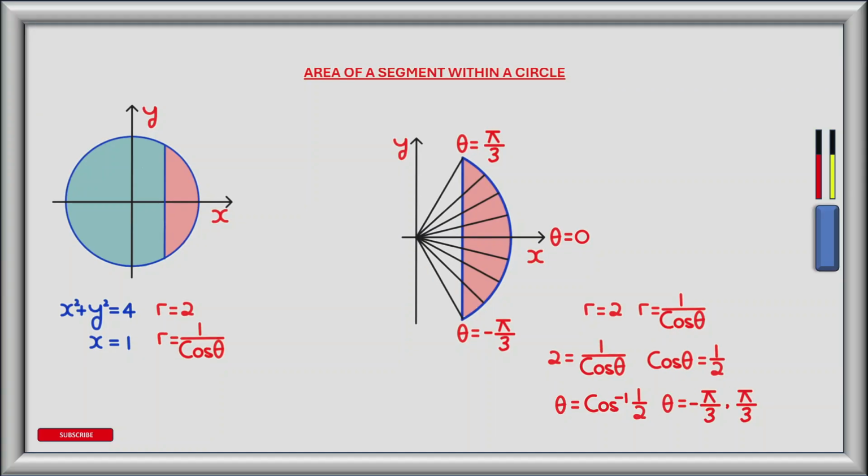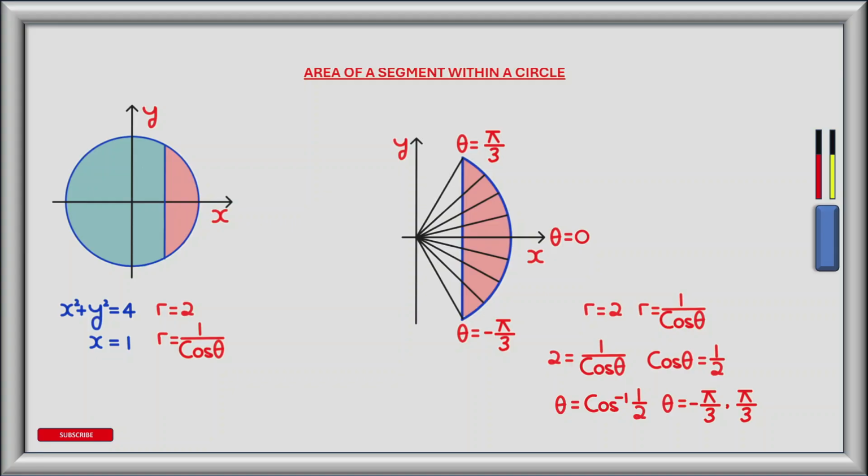Due to the periodic nature of the cosine function, in this example, theta is equal to -π/3 radians and π/3 radians. So when the vertical line first intersects with the circle, theta is equal to -π/3 radians, and when it intersects with the circle for the second time, theta is equal to π/3 radians.